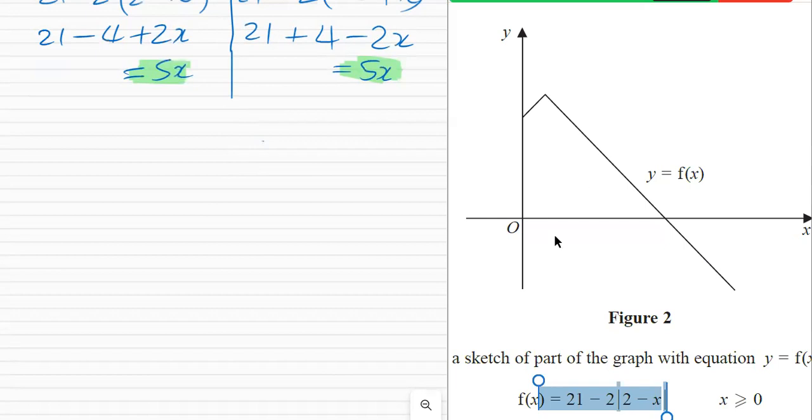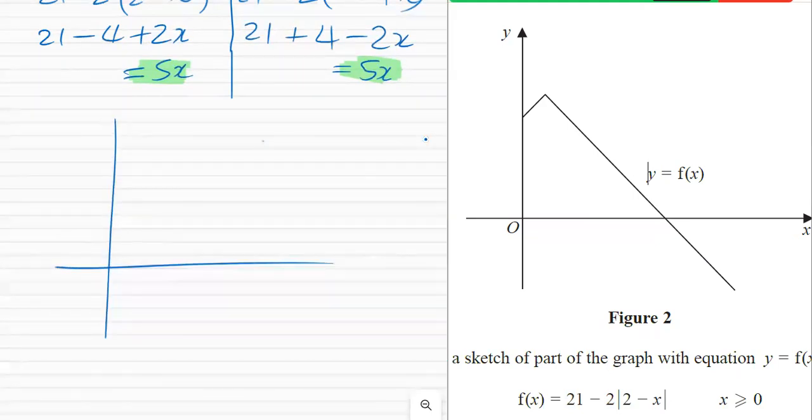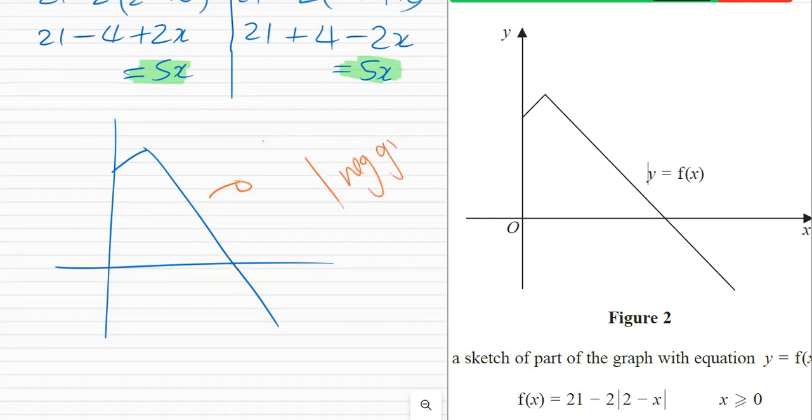So here's our modulus graph on the right. We're working with a modulus graph, and you can see that this one on the right slopes to the left, so it has a negative gradient. Then this one slopes to the right, so that has a positive gradient.